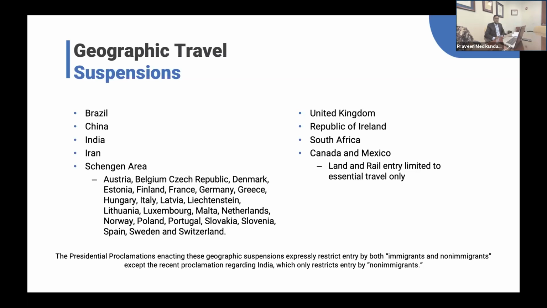And this list is changing; sometimes the Department of State, or based on some exceptions, these things can be changed. But the presidential order restricts people from traveling from these countries to the United States because of the ongoing pandemic situation in those countries.